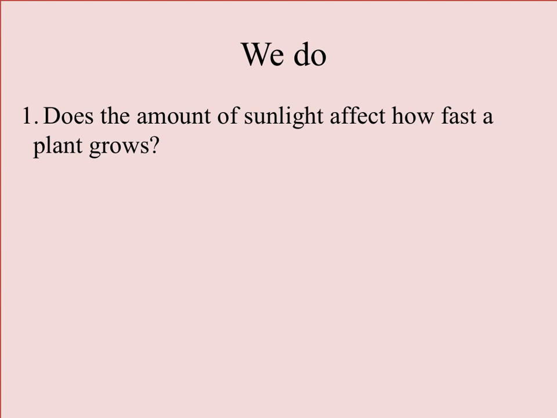So what's the question asking me? Read the question. Does the amount of sunlight affect how fast a plant grows? So then we're going to do our IV, DV, CV. So you can see how it links to the first activity you had to do. So IV, what we're changing, amount of sunlight.